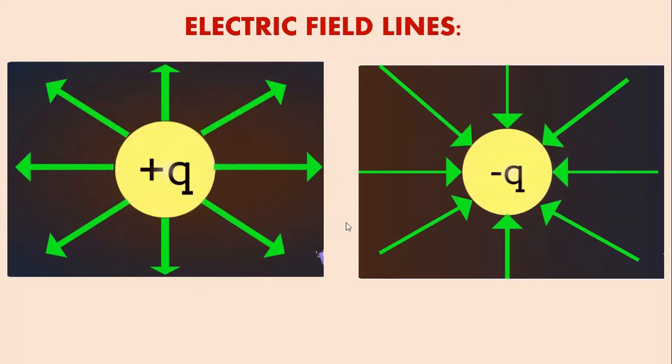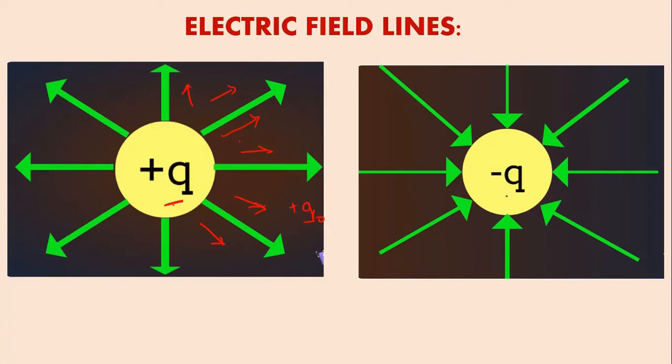Now, next we have the electric field lines, how we can represent the electric field lines. In case of a positive source charge, the electric field lines always point away from it. Always keep this in mind, they will always point away from it, because the test charge that we have taken, Q naught, is positive in nature. So naturally a repulsive force will be acting on the test charge, so electric field lines will be pointing away from the source charge.